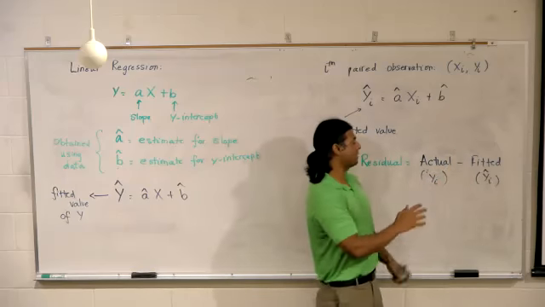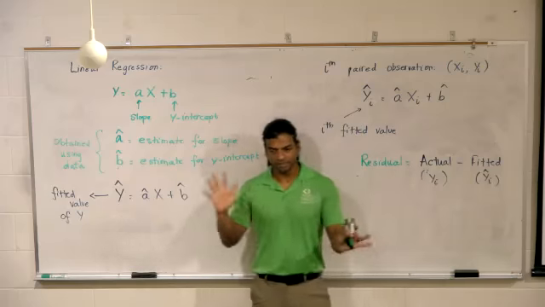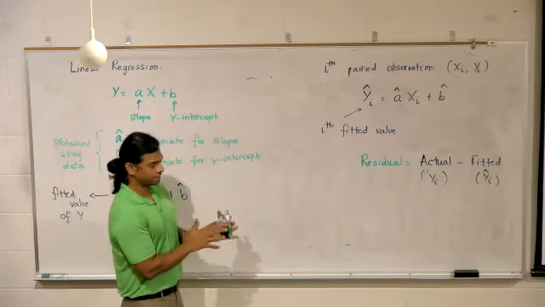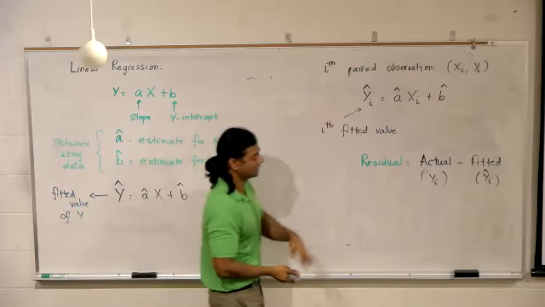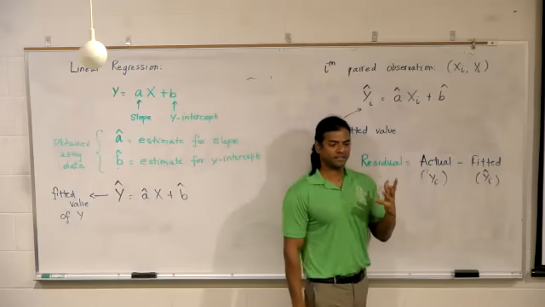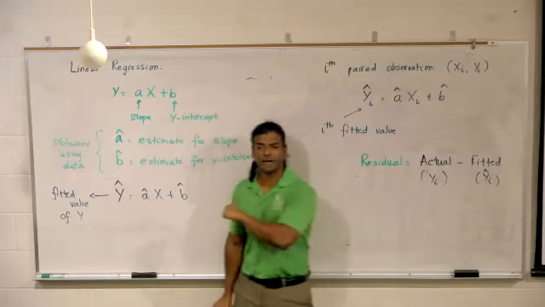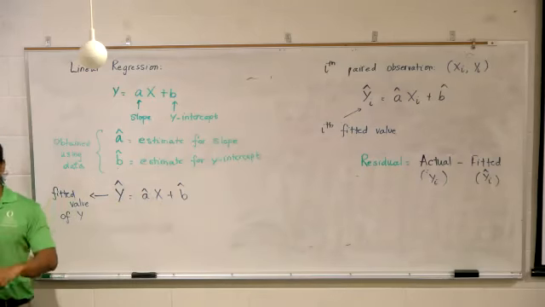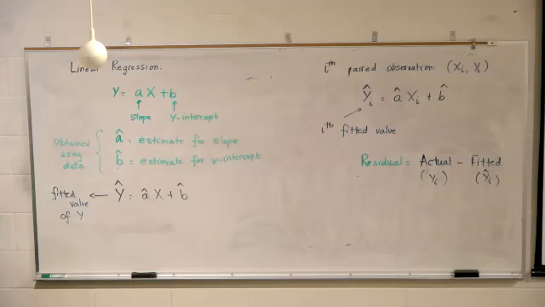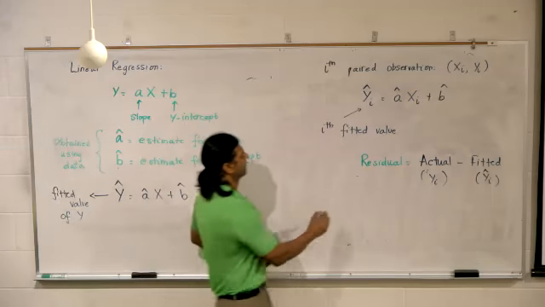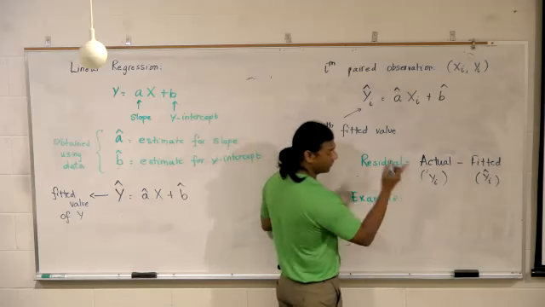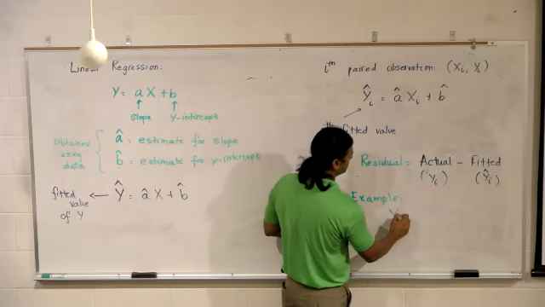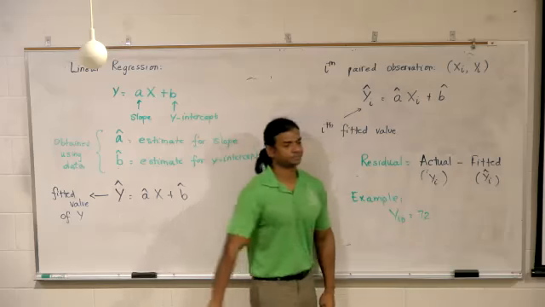Let's say I have observation number 10, hypothetically. If the residual is large for observation number 10, what does it tell us about the model in predicting observation number 10? Example, let's say the actual value, y10, is 72.